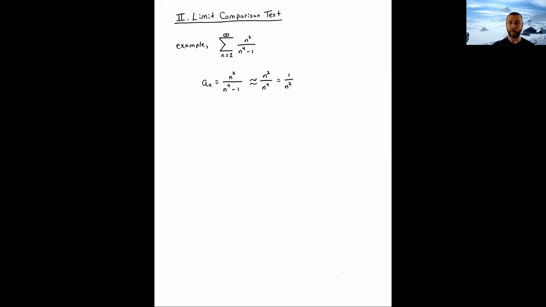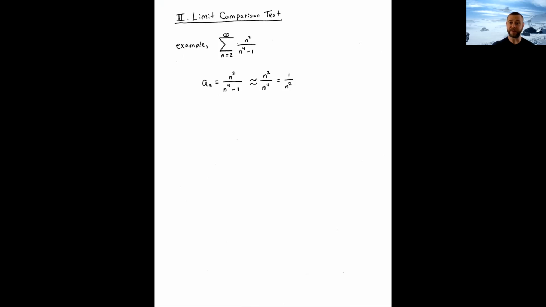Now if we perform a large n estimation to get an idea if we think this converges or diverges, we can notice the -1 is small compared to n to the 4th when n becomes very large. So for large values of n, our term here behaves like 1 over n squared. The n squared divided by n to the 4th just reduces to 1 over n squared.